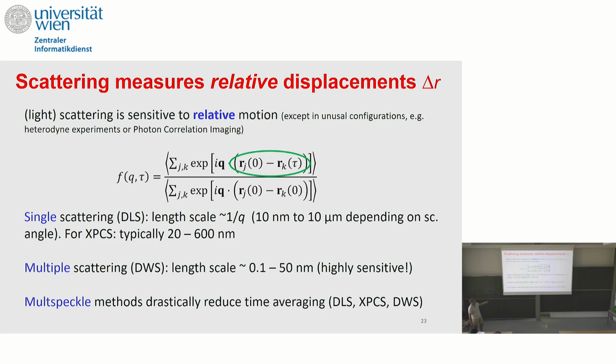We have seen multi-speckle methods that drastically reduce time averaging. I didn't mention that explicitly. I've shown you multi-speckle methods applied to dynamic light scattering, but you can apply them exactly the same way to X-ray photon correlation spectroscopy. That's easy. We just said that it's the same thing except that you replace your wavelength. And also to this diffusing wave spectroscopy thing. Okay?